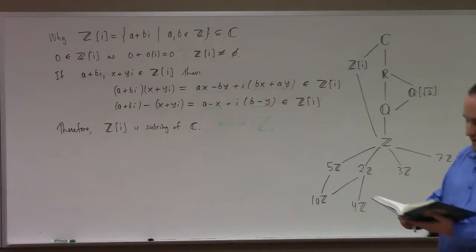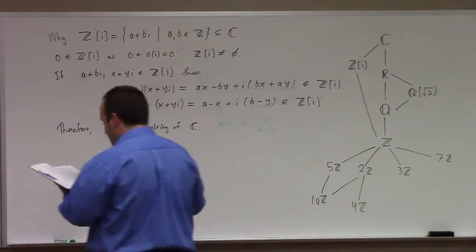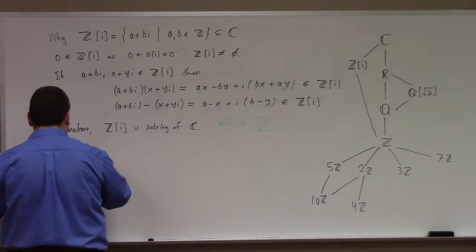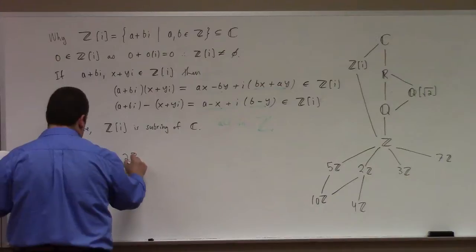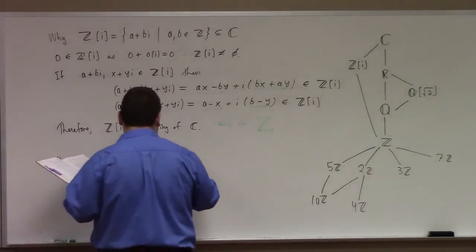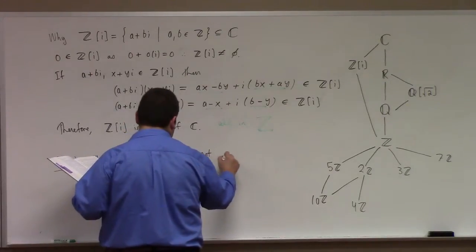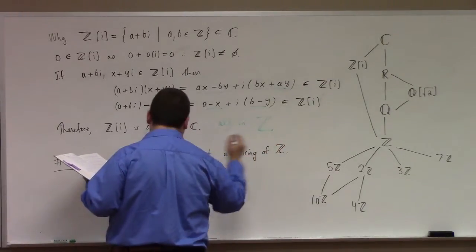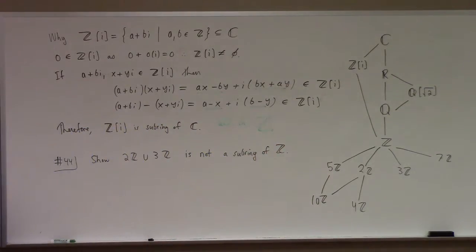Here's a problem I like. This shouldn't take us long to solve. Number 44 asks us to show that 2Z union 3Z is not a subring of Z. So how would you go about doing that?